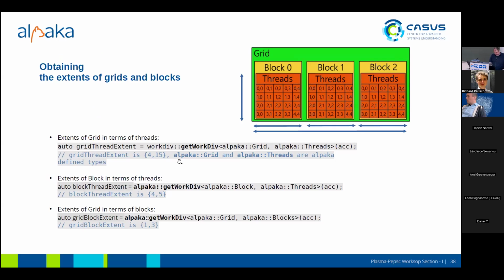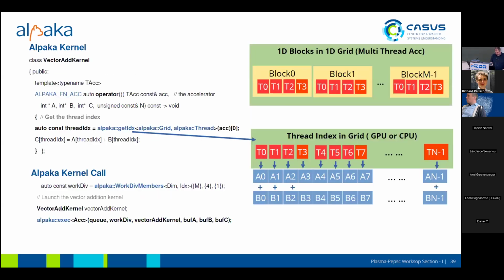For example, grid thread extent here is 4 by 15, because there are 4 rows and 15 columns. Therefore, the size of the grid is 4 by 15. The size of the block is 4 by 5, and grid block extent is 1 by 3, because there is 1 row and 3 blocks.